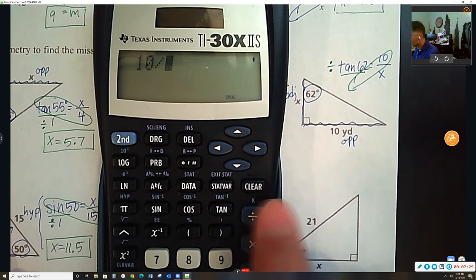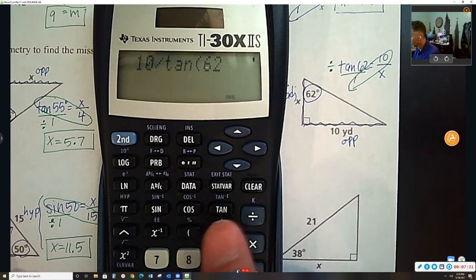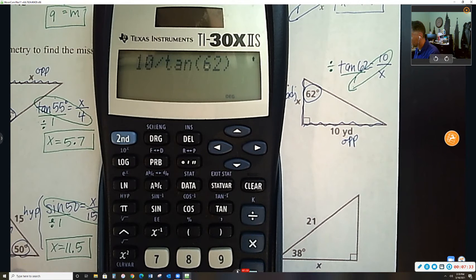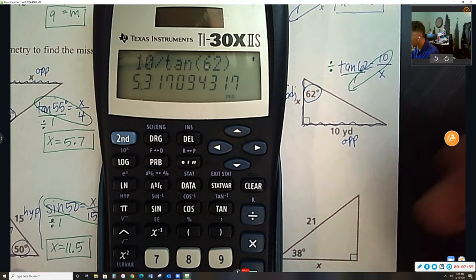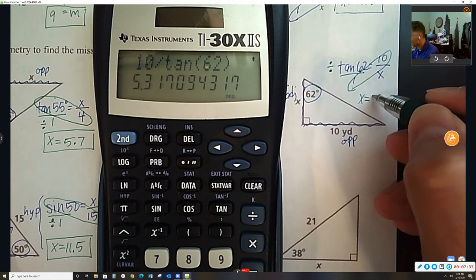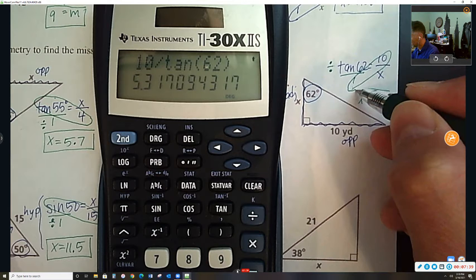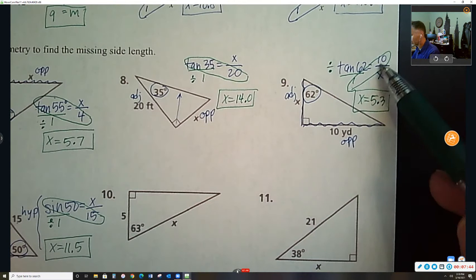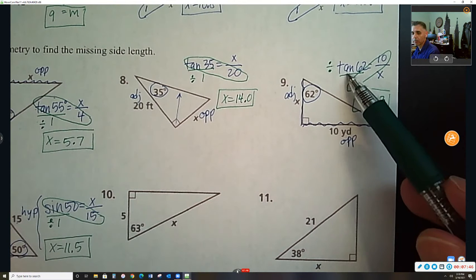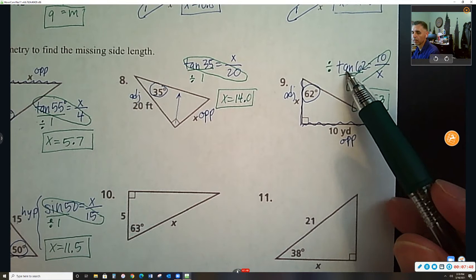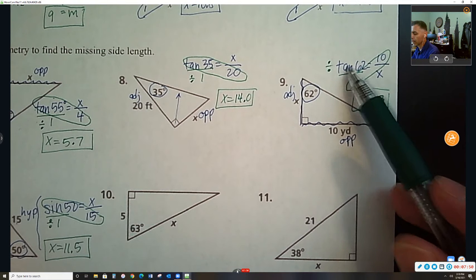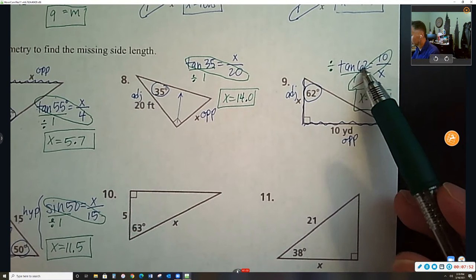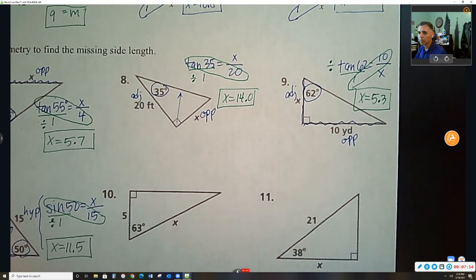Close the parenthesis. And you get 5.3. So be careful. You're multiplying by the two numbers inside the circle and you're dividing by the number that's outside. This is just the number. Okay? It's easier to leave it this way and not type it into the calculator and get some big long decimal, but it's just the number.